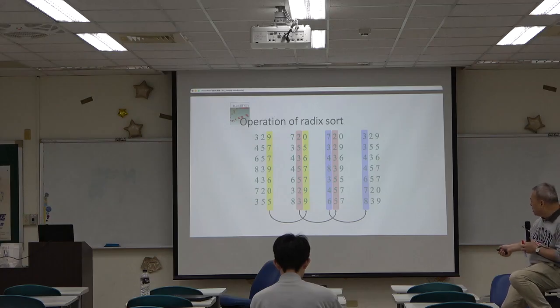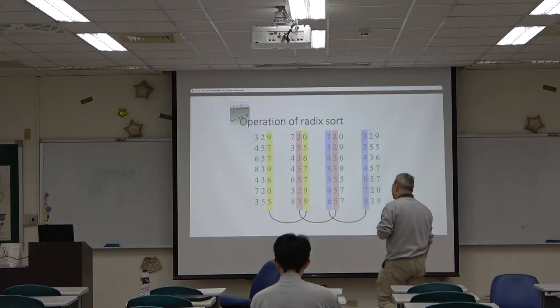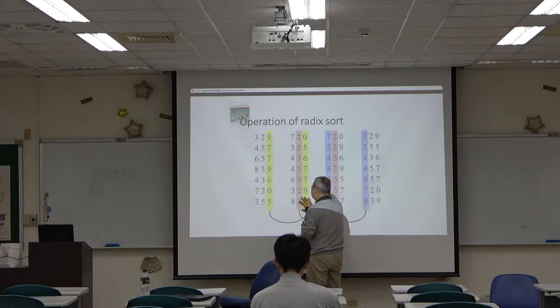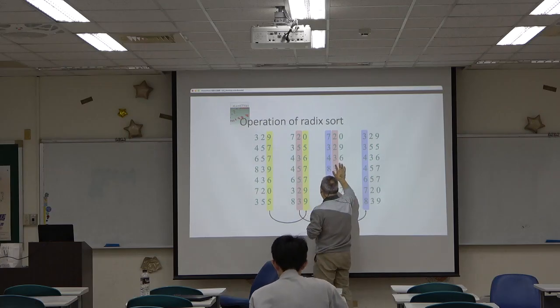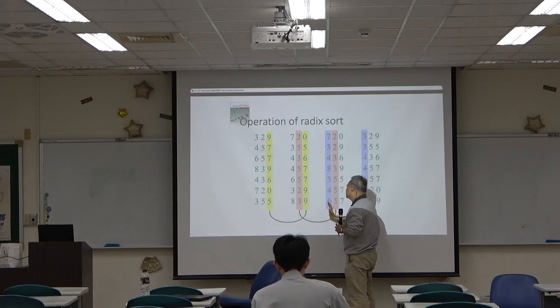Okay, so anyway, from the left column, we go to the second column here, and then we deal with the center digit again by using the stable sort. Okay, and this will result in the third column here, and then here we deal with the most significant digit, the leftmost digit.